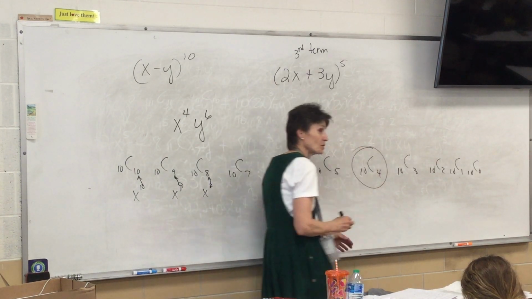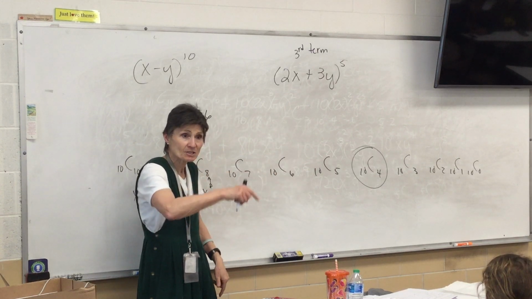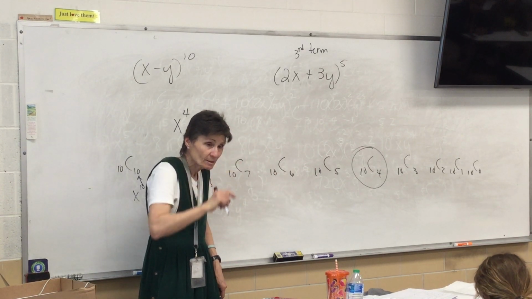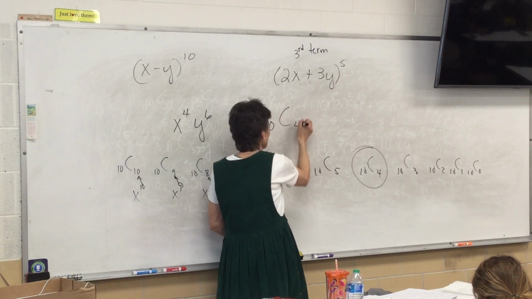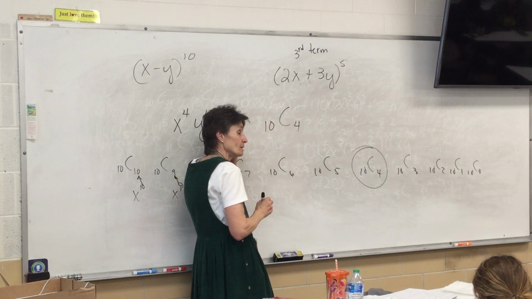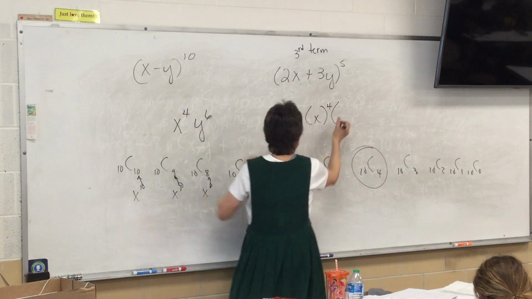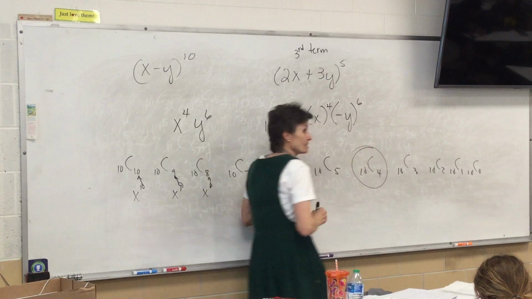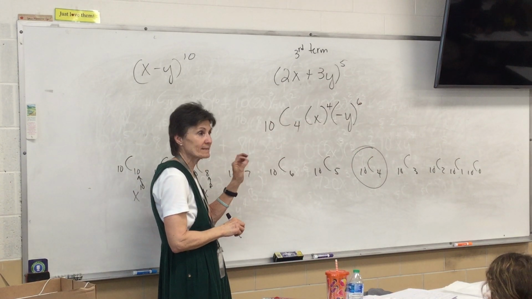Isn't this the coefficient I need? Because that one's going to have the x to the 4th. So my coefficient is 10C4. Next to that, I'll have x to the 4th and negative y to the 6th. That's how I'm going to get x to the 4th, y to the 6th.